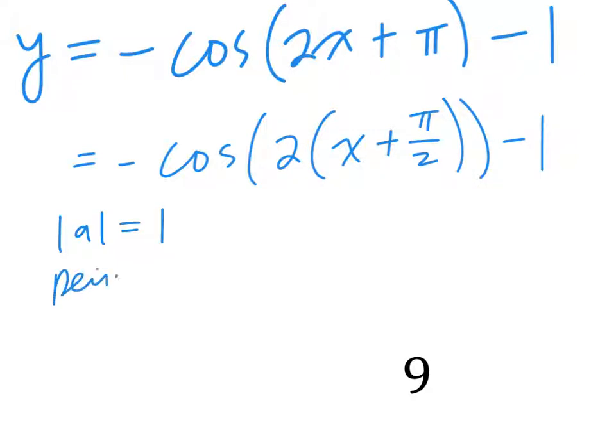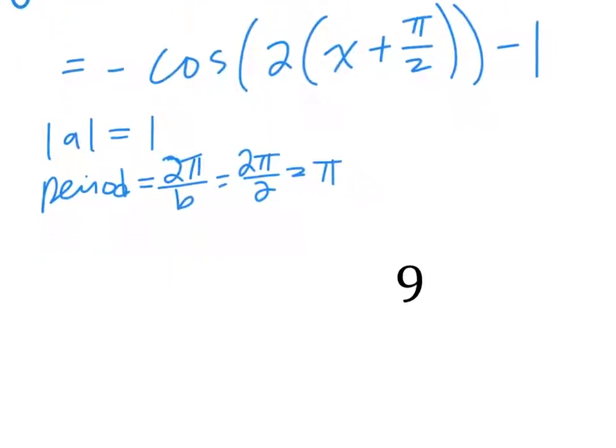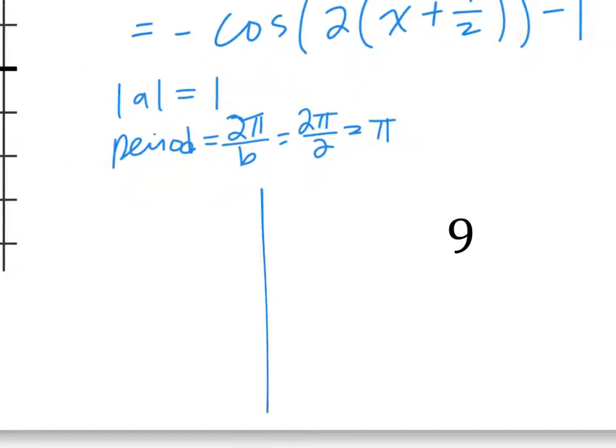Okay, Philip, do you know what the period is? What number is b? 2. Yeah, so this is going to be 2 pi over b, which is 2 pi over 2, so that's pi. All right, let's go ahead and draw our graph.